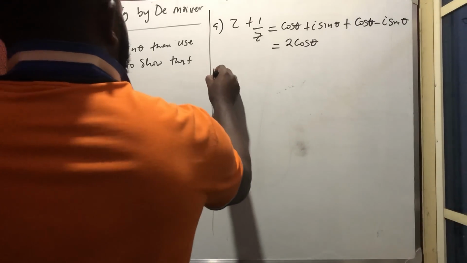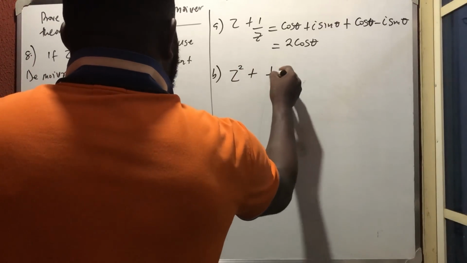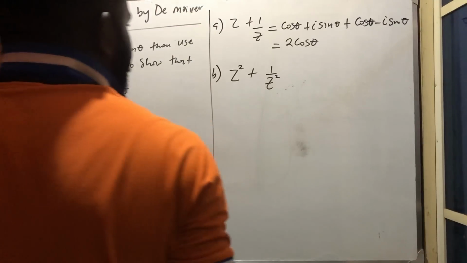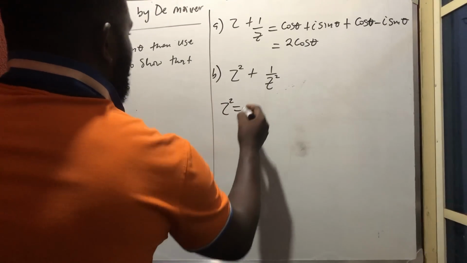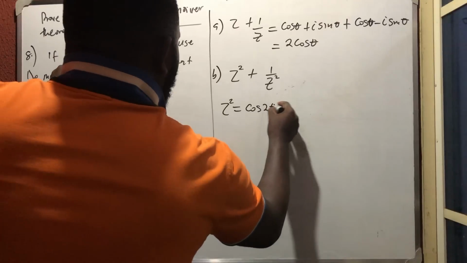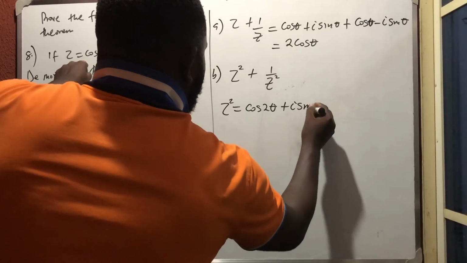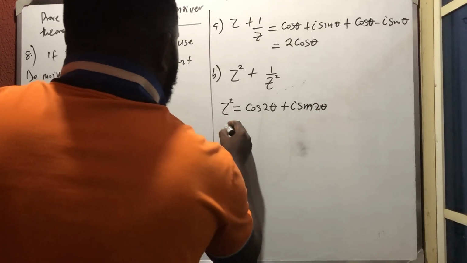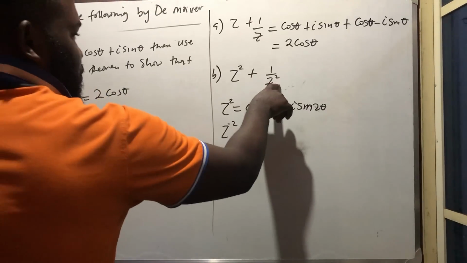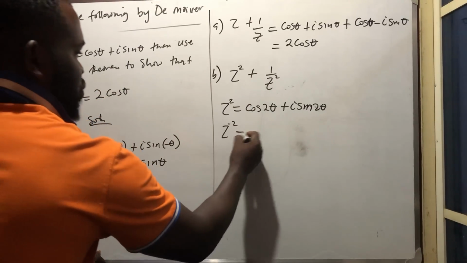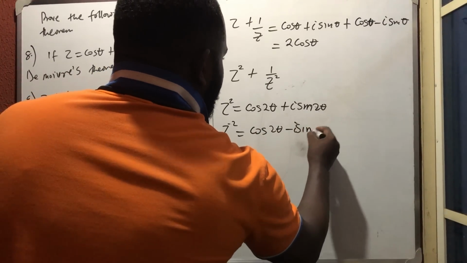Now B said we should find z squared plus 1 over z squared. It's very, very simple. So our z squared, according to Moivre, should be cos 2 theta plus i sine 2 theta. So z raised to power minus 2, which is 1 over z squared, is cos 2 theta minus i sine 2 theta.